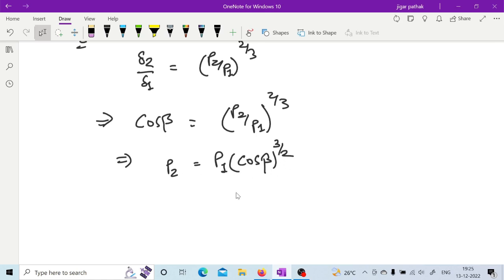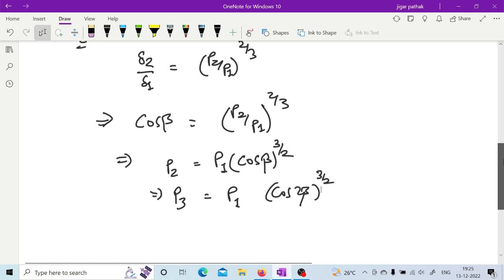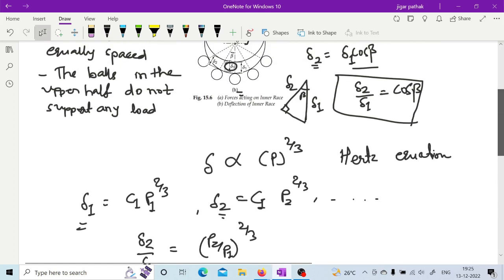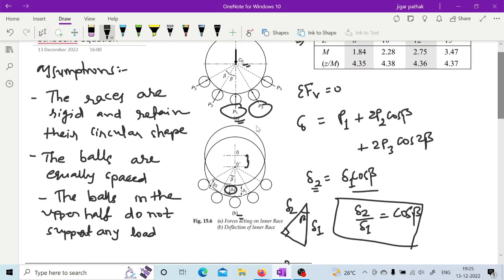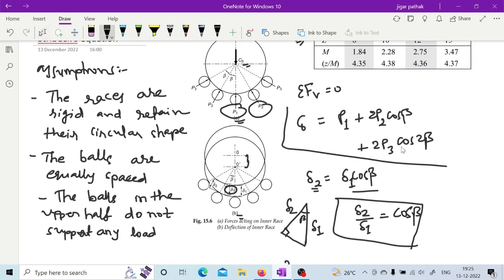Yes, sir. Okay, similarly if you go for P3, then in that case this angle is 2 beta. So you can derive in a similar way that P3 is equal to P1 cos 2 beta raised to 3 by 2, right? And once you have the values of P2 and P3 in terms of P1, then in this particular equation you can put the values of P2 and P3 written in terms of P1.